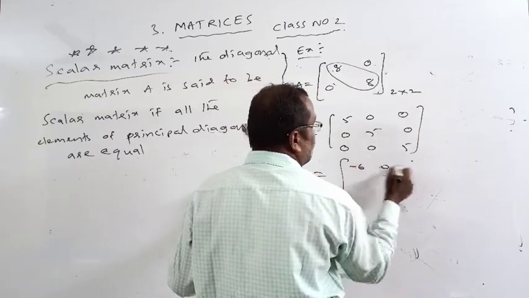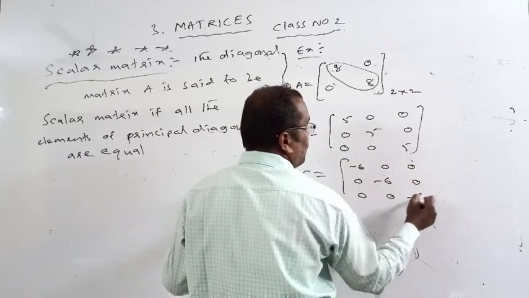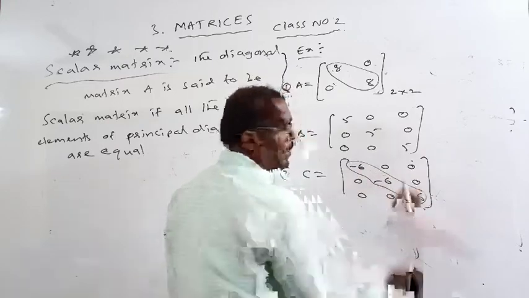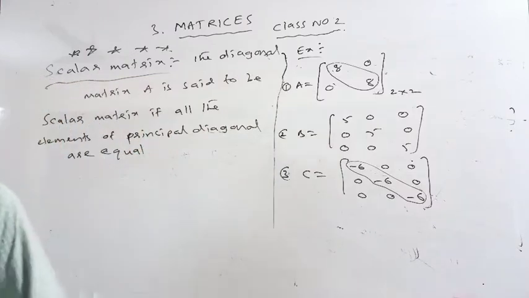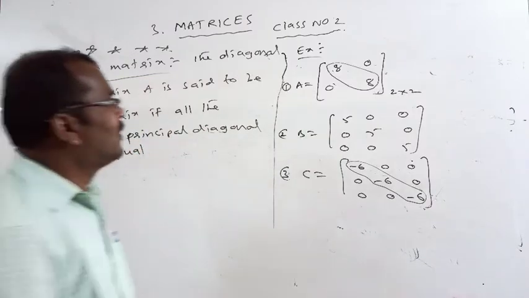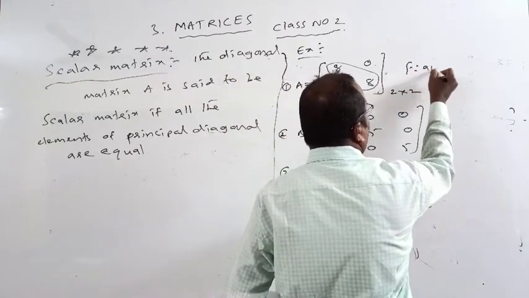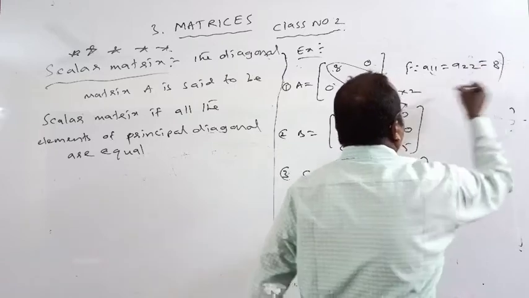Minus 6 0 0, 0 minus 6 0, 0 0 minus 6. See this one. All the elements should be equal in a principal diagonal. Here A11 equal to A22 equal to 8.